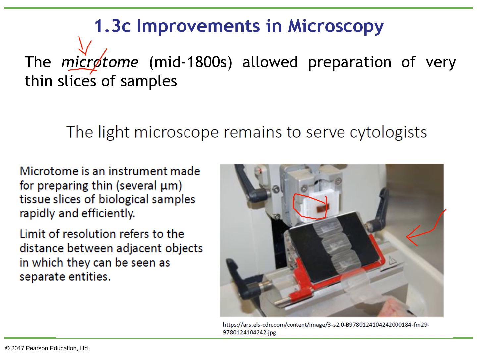Those types of samples will be easier with a machine. A microtome is used to prepare very thin slices, several micrometers thick, and it allows you to do it rapidly and efficiently. So it helps you to do it very well.